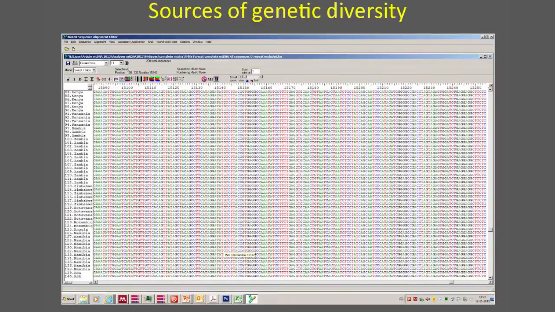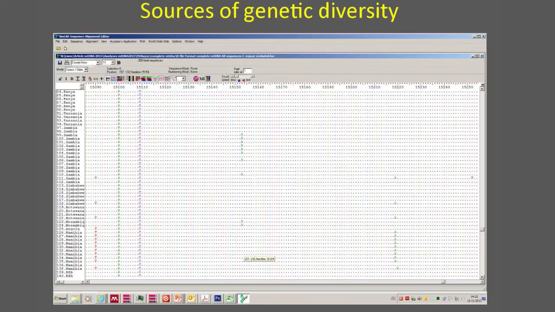To illustrate it a little bit further, I copy-pasted a part of the Lion data set we use. I know it's very small, but basically this is a part of the mitochondrial DNA, and every row is a single individual. We compare the DNA sequences of all these individuals by aligning them and putting them underneath each other.